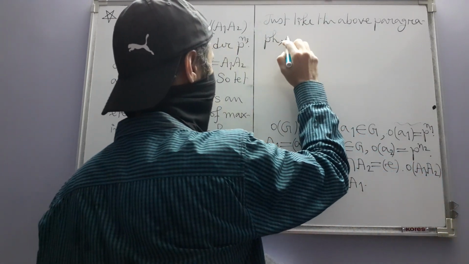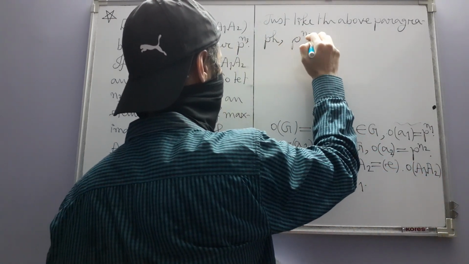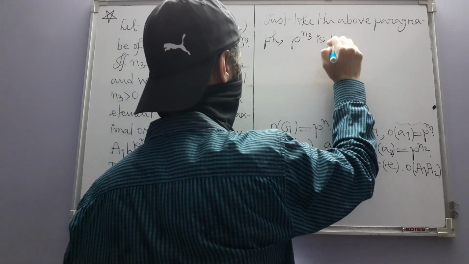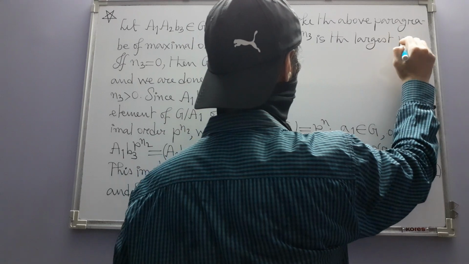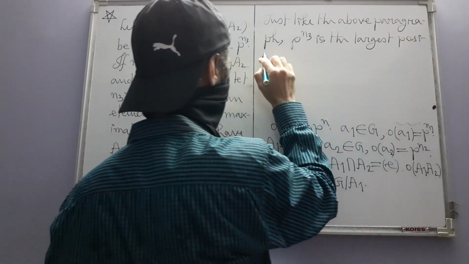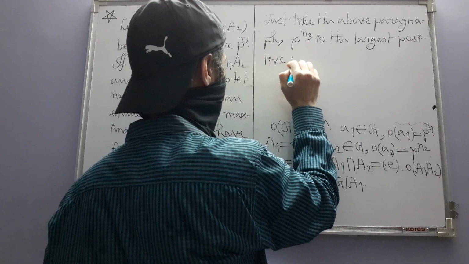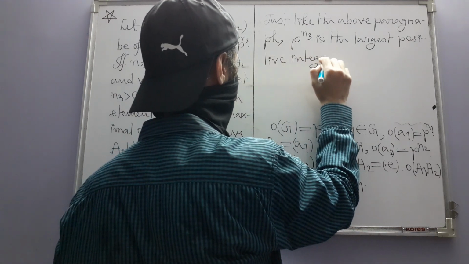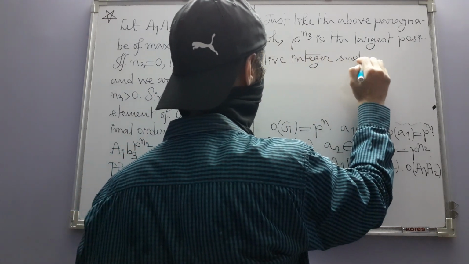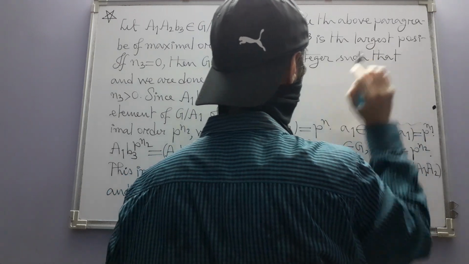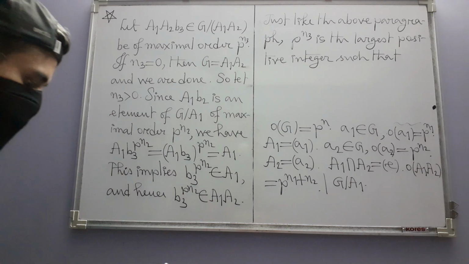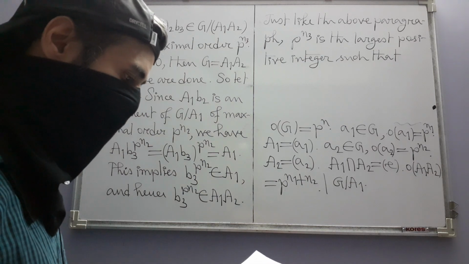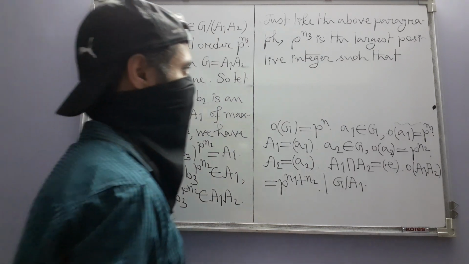So this time around, p to the power n3 is the largest positive integer such that b3 to the power p to the power n3 belongs to A1 A2.